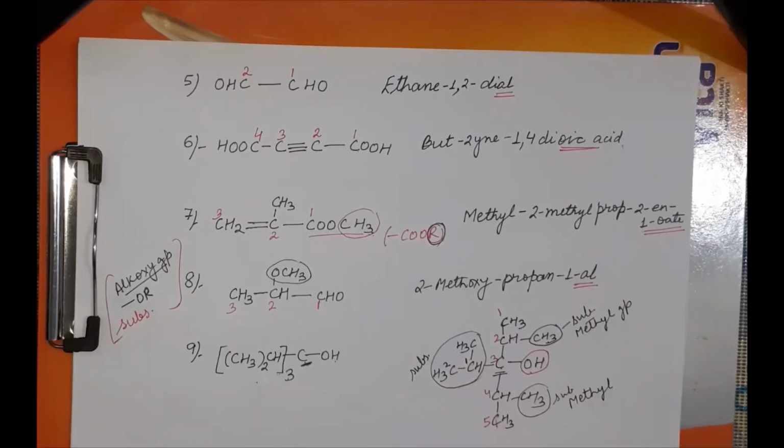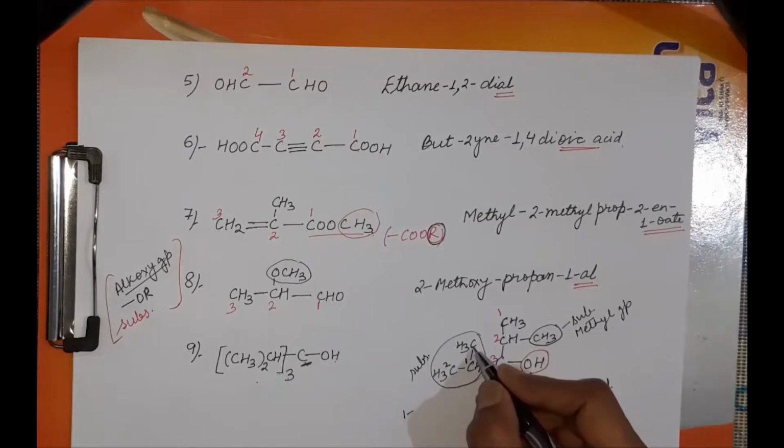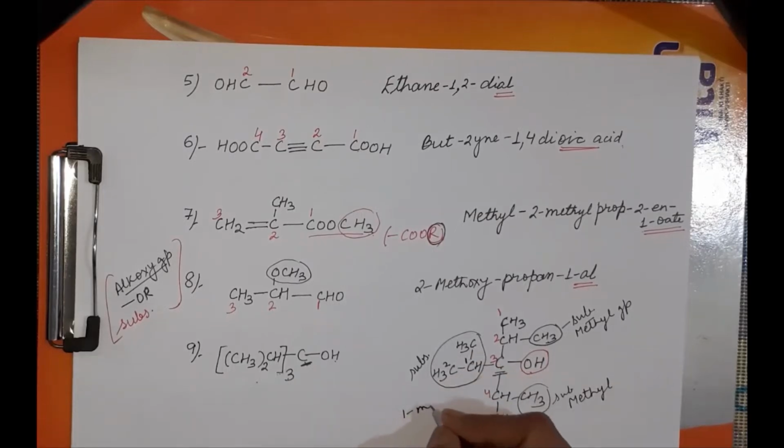So for this, what will be the name for this substituent? Name will be 1-methyl because one number carbon atom is having one methyl group, 1-methyl ethyl. So this will be the name for 1-methyl ethyl.